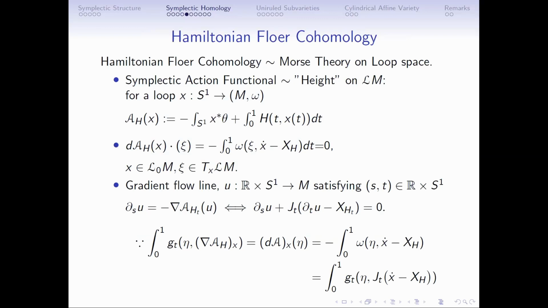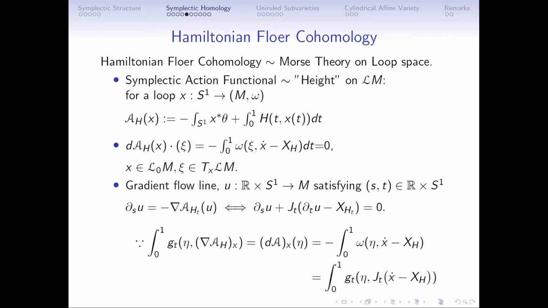And the important idea is we want to do Morse theory not just on points, but on any geometric object. So Hamiltonian Floer homology is roughly considering loops on a symplectic manifold and doing Morse theory.